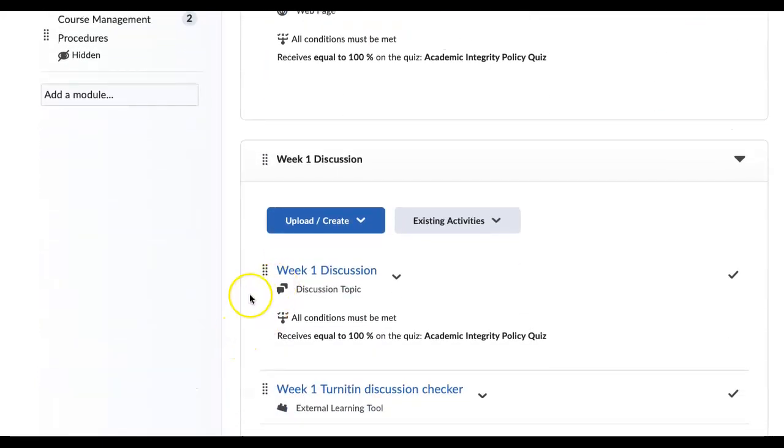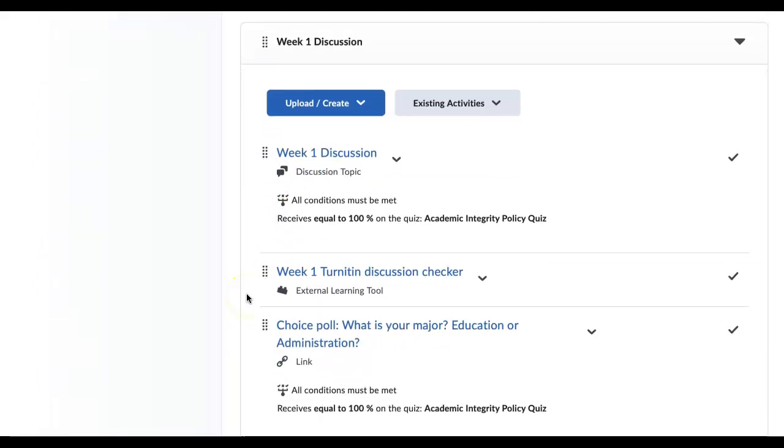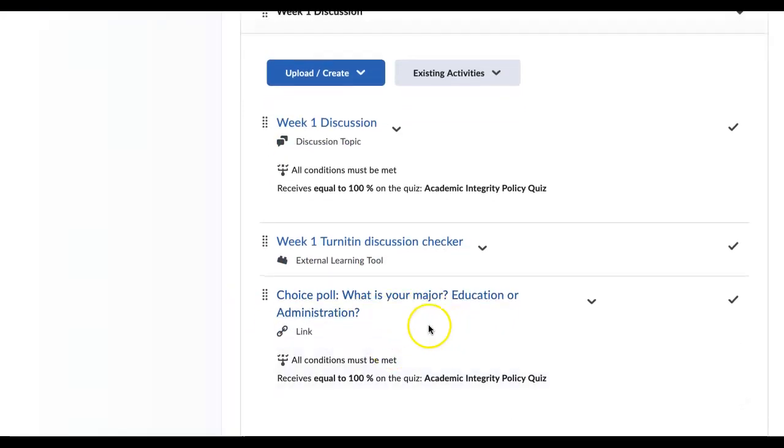And then whether the week will be a discussion or an assignment, there is often a choice poll. This is a general choice poll for everybody to answer. Certainly it's not required, but it's always good to know if you are an education or administration major.